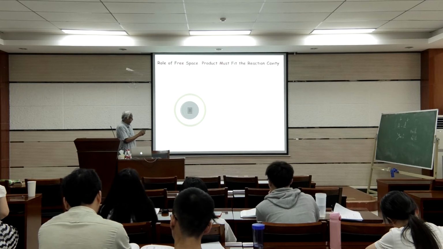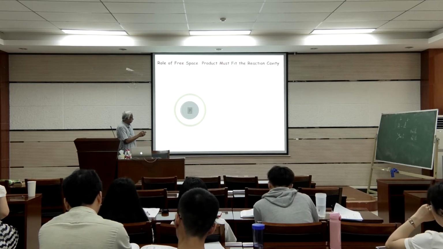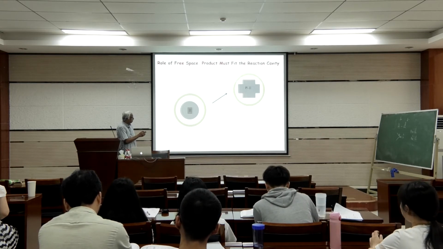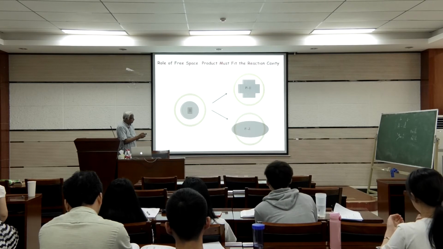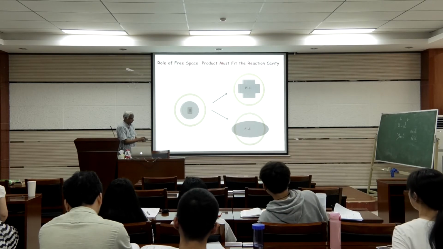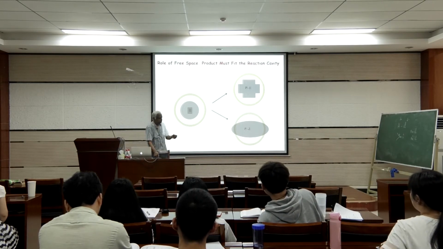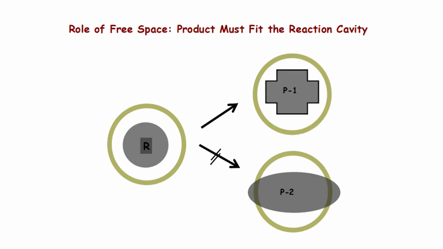Okay, so for example, here this is a guest, which is a reactant, and when you excite the molecule, it can give you one product which looks like this, or it can give you another product looking like this. So when the molecule is excited, it goes to a product which gets bigger, or to something which gets smaller.